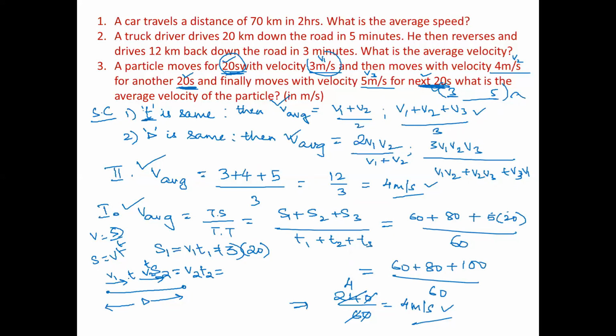See, time is the same. That's why we are using t only. The formula is total distance by total time. Total distance means v1t plus v2t by total time, which is t plus t, that is 2t. T common from the numerator, v1 plus v2 by 2t. T and t will cancel, hence the formula.